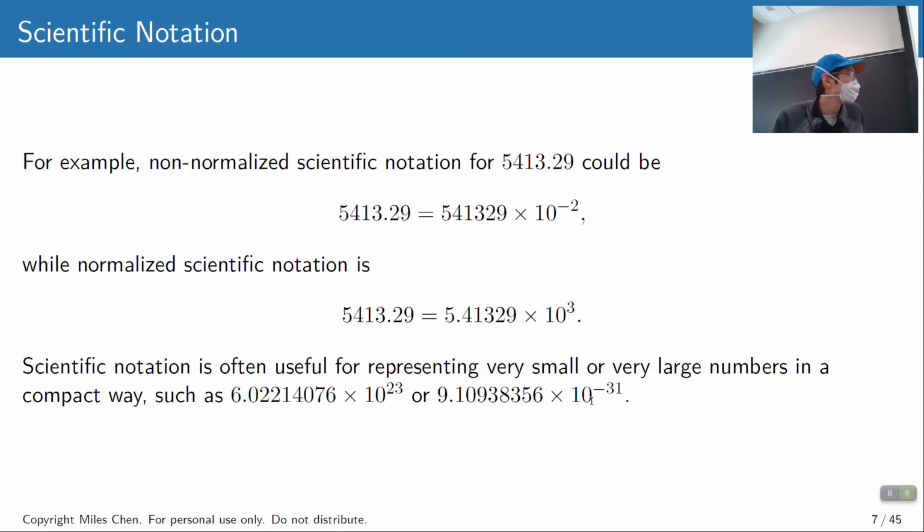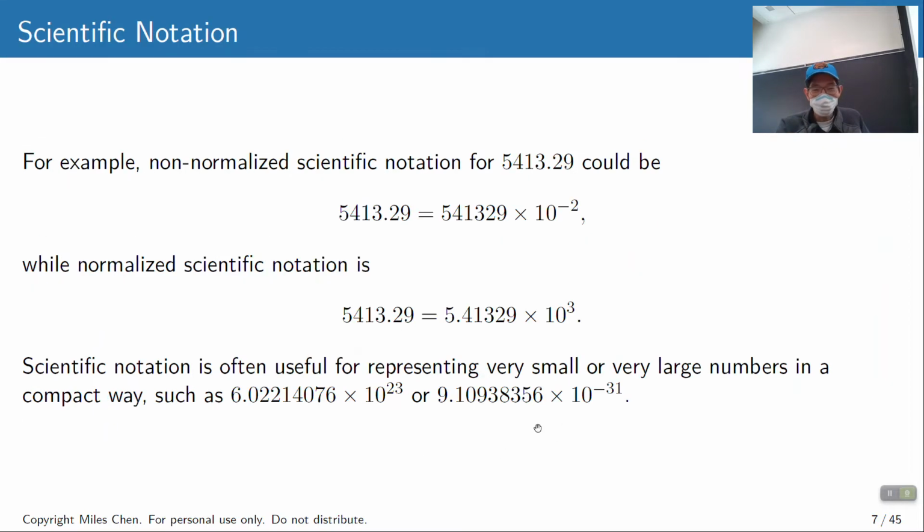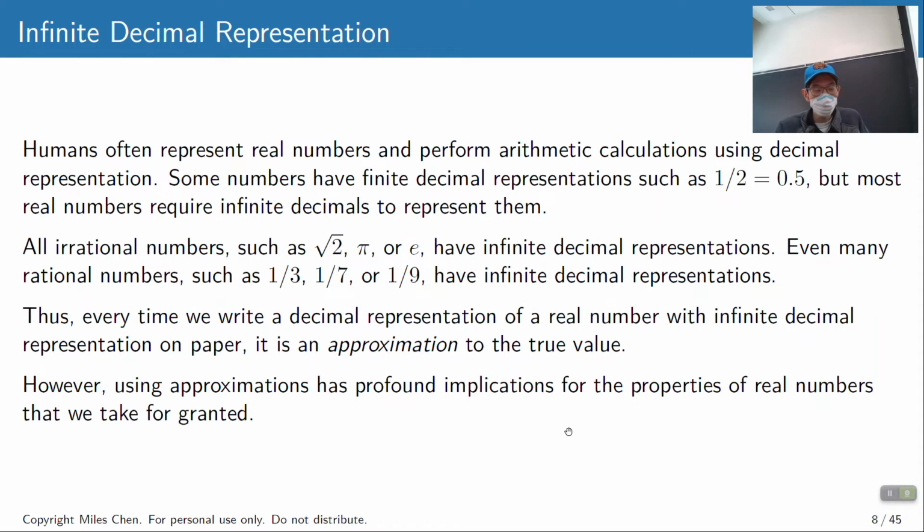How many items in a mole, which is, I think, how many atoms you need to get the atomic weight of something, I don't know. And this is like the smallest distance that we can appreciate in real life. So very big numbers, very small numbers, and stuff like that.